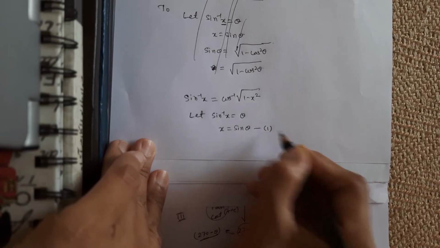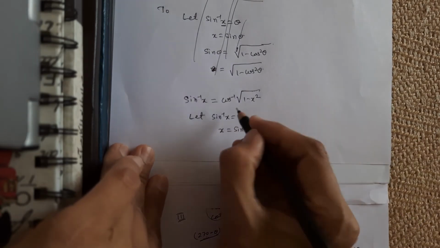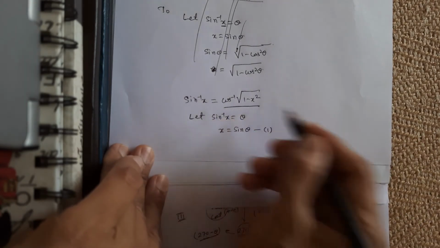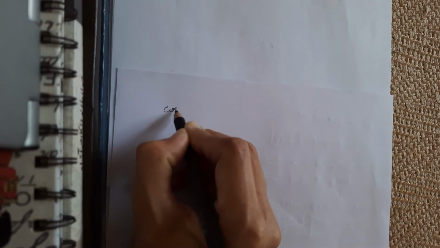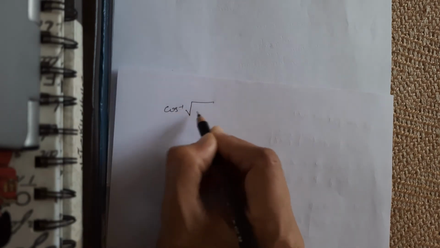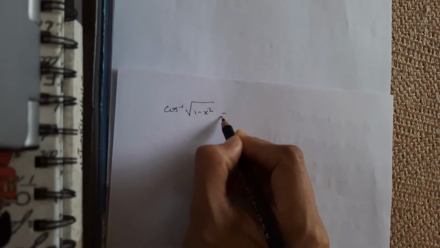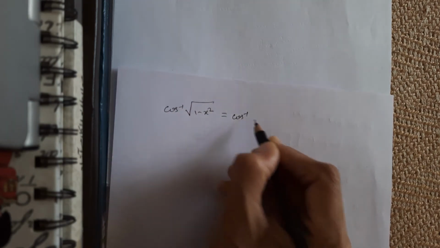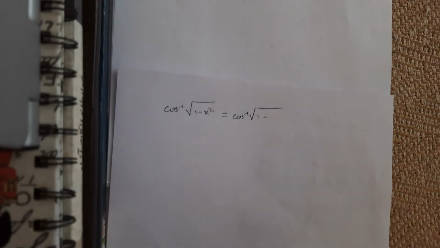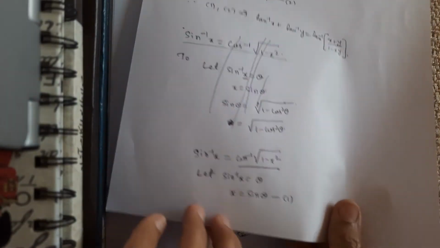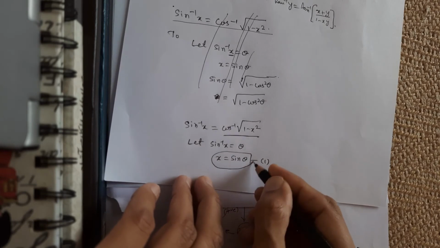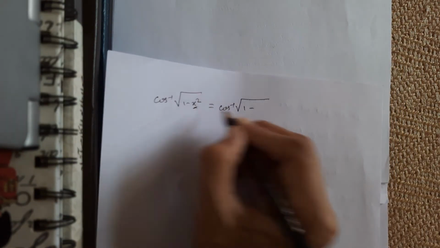Let this be equation 1. Now I am trying to find the value of cos inverse of root 1 minus x square. This will equal cos inverse of root 1 minus, and what is the value of x I calculated here? Sin theta by my substitution. So I am substituting the value of x here.